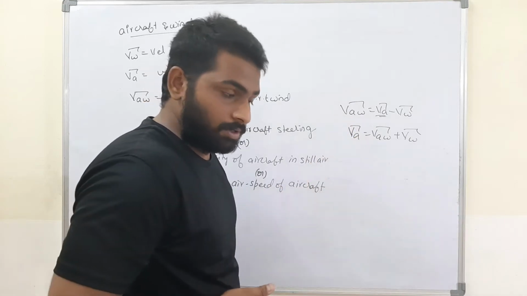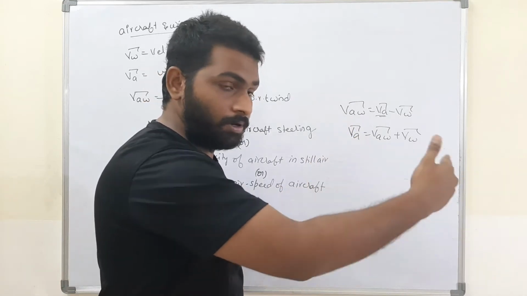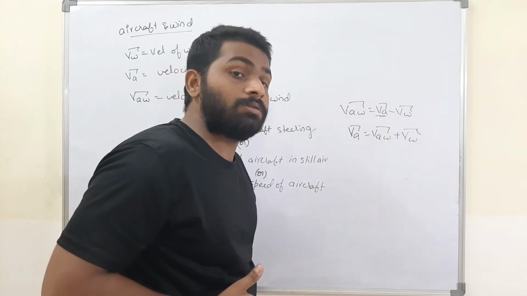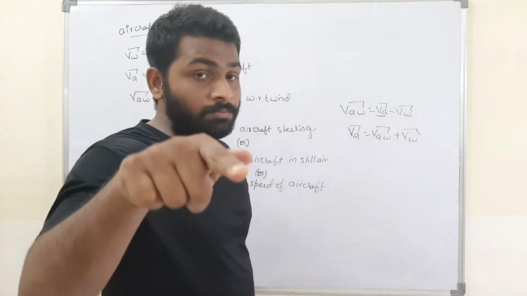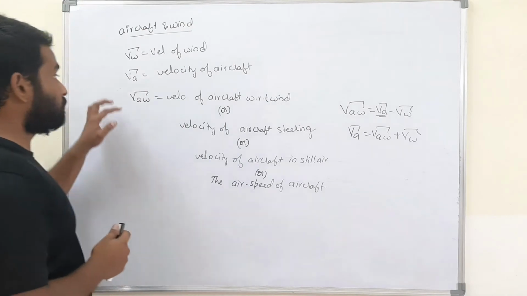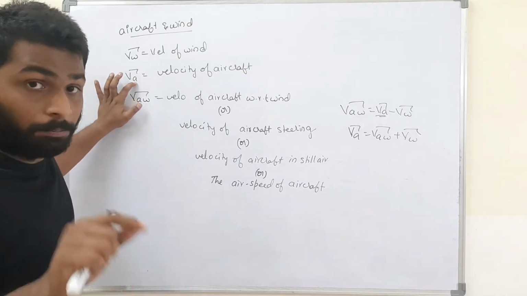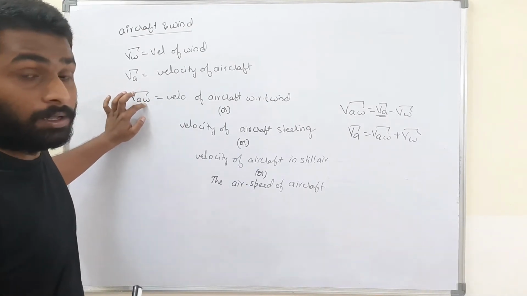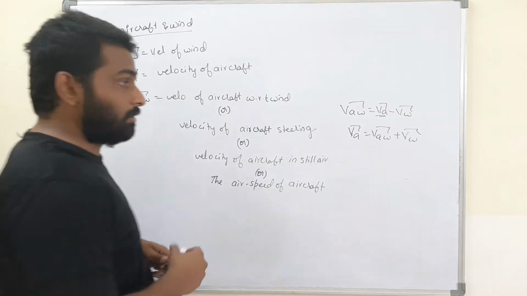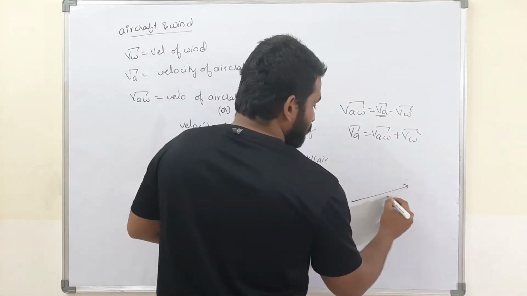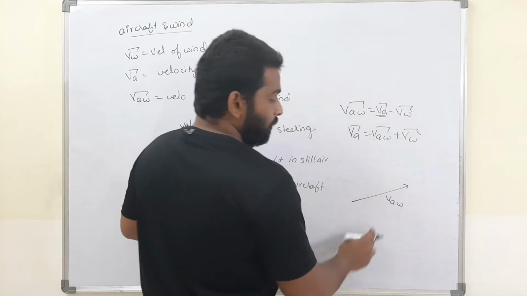Therefore the resultant of this plane steering and the wind will give me the resultant velocity of the aircraft. If you are standing on the ground, you will feel as if the aircraft is moving in this direction. But the aircraft will be steering in this direction with this velocity, like this.